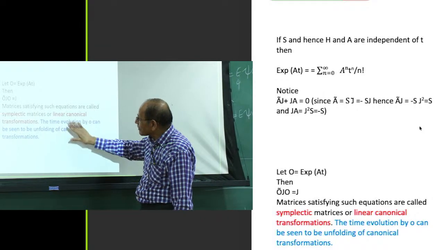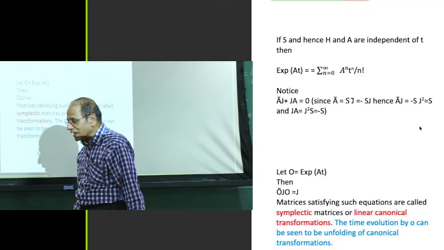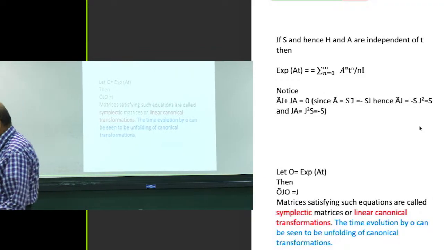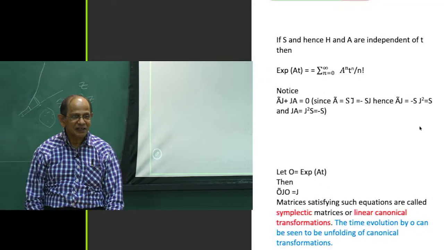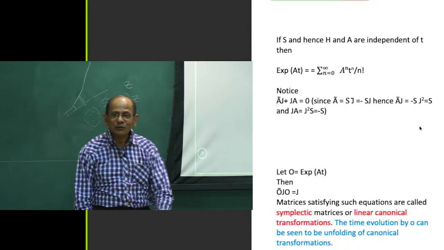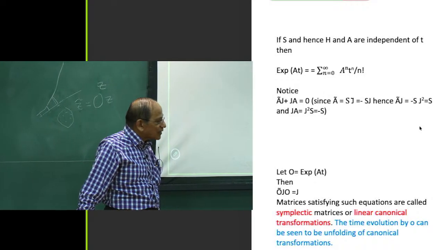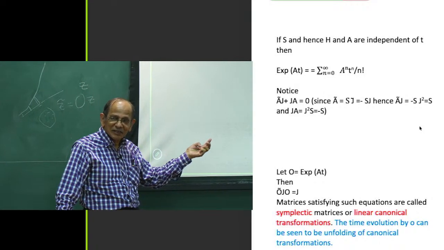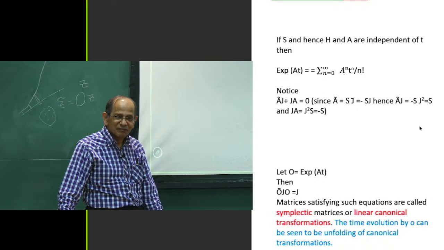In fact, this observation is useful in other contexts. When you wish to integrate Hamilton's equations of motion numerically, instead of Runge-Kutta or anything like that, you devise an algorithm based on what is called canonical transformations, because they are guaranteed to preserve the structure.